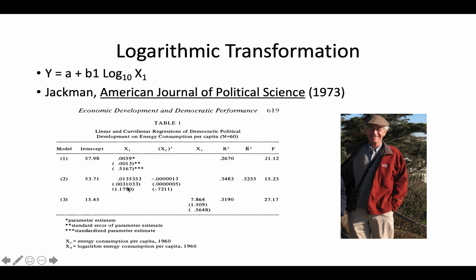The second model is the parabolic transformation, which is x sub 1 and x sub 1 squared, which will result in a parabolic transformation. The third model tested is the logarithmic transformation, and that's this x sub 3 right here.